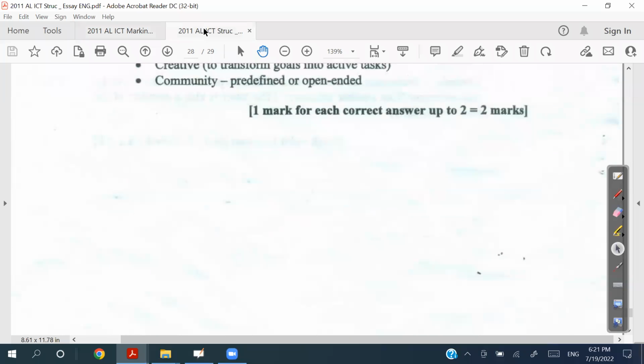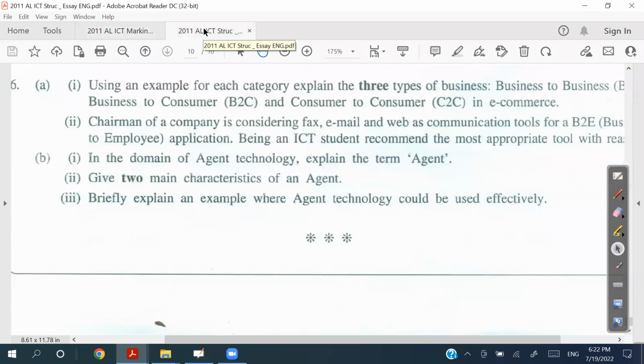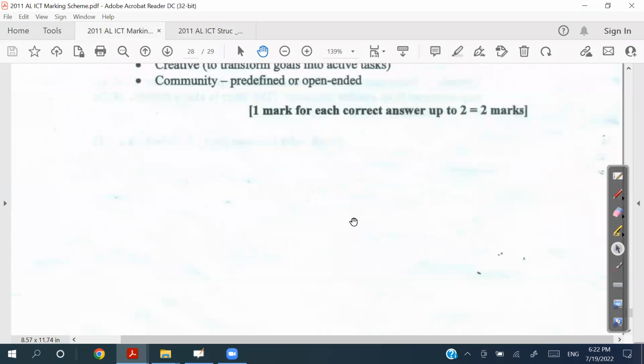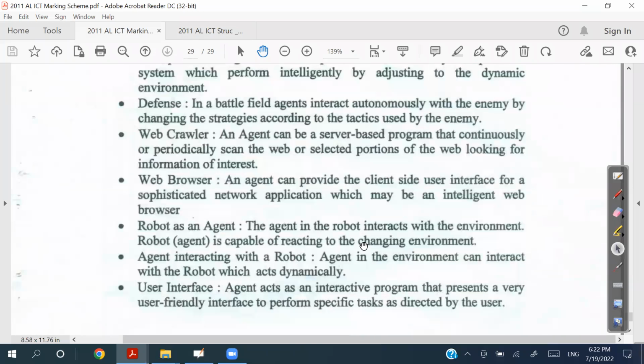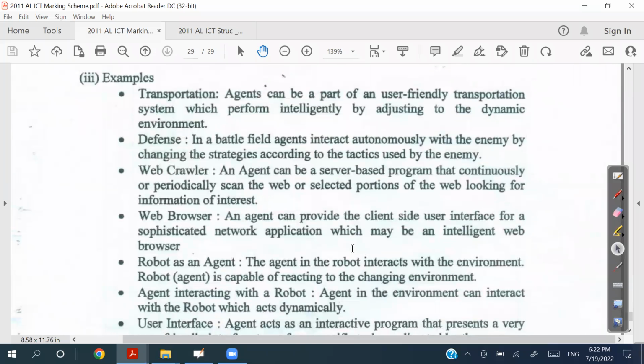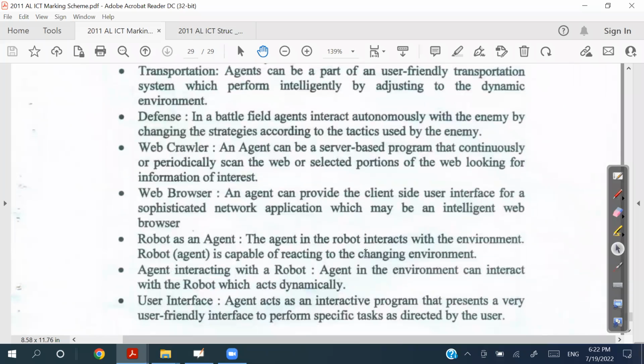So the final question says, briefly explain an example where agent technology could be used effectively. This is a kind of question that you have to write by assuming a place, right? They have given you many different scenarios.